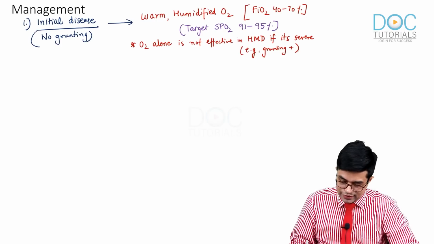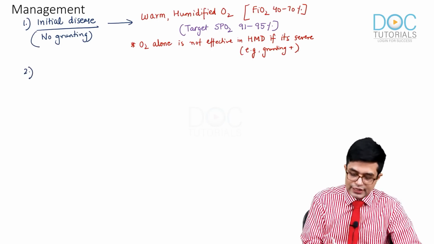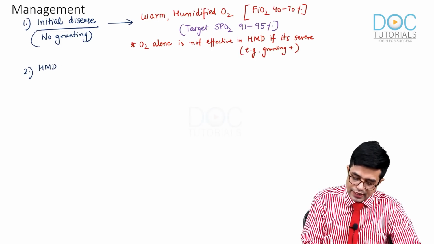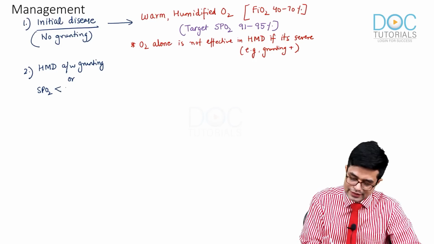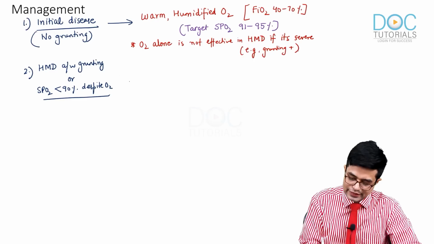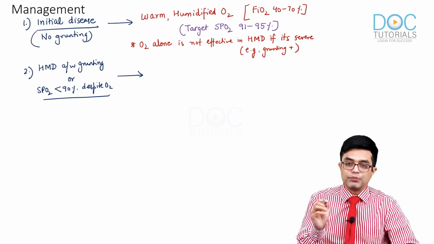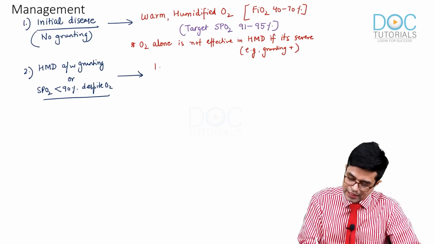So what will we do? Then the second step: if there is HMD associated with grunting, or SpO2 in HMD is less than 90% despite oxygen, in these patients we will start the patient on nasal CPAP.